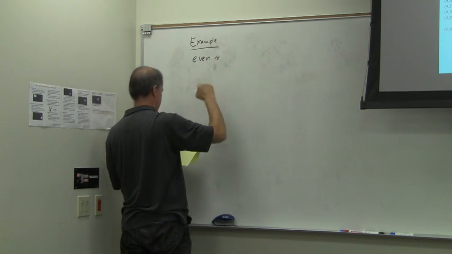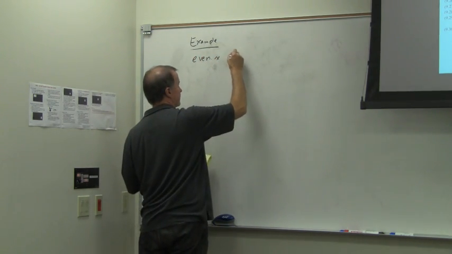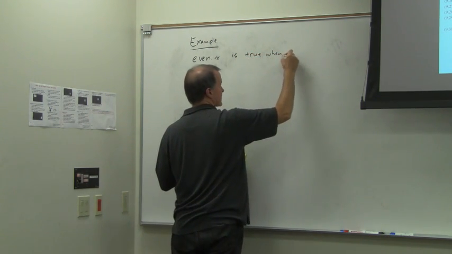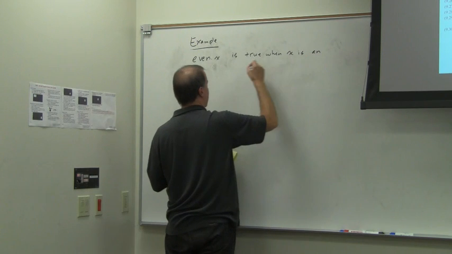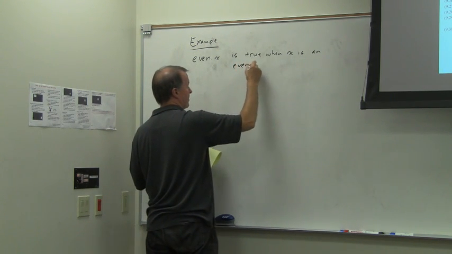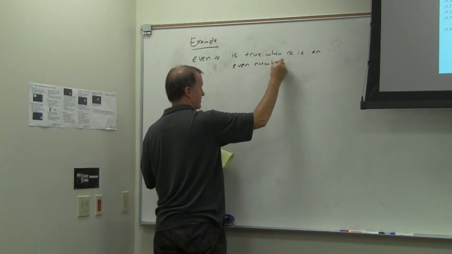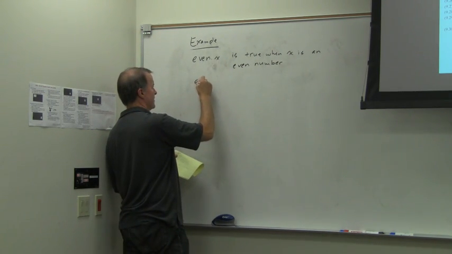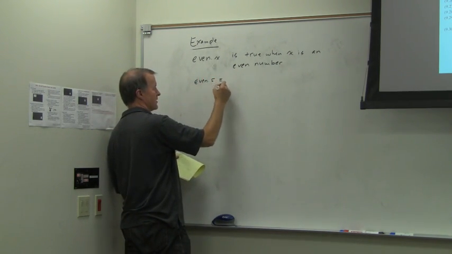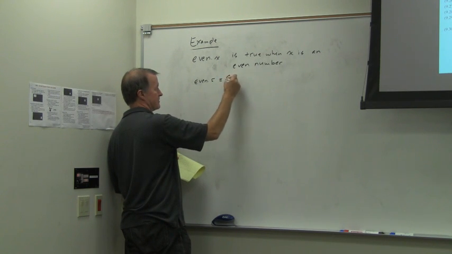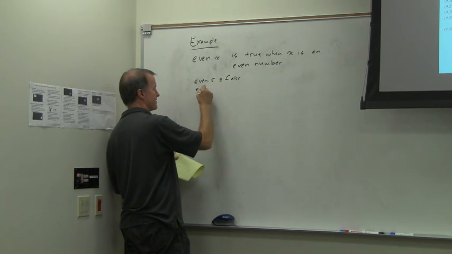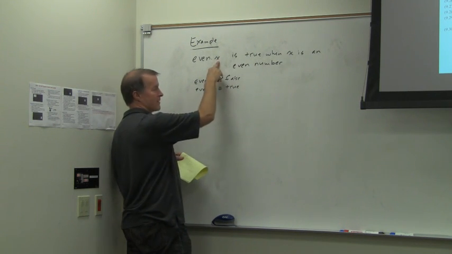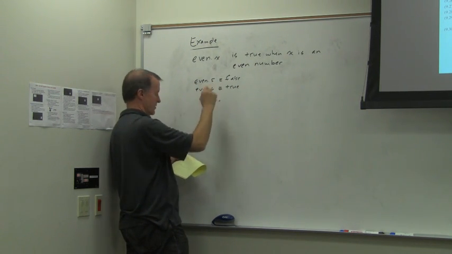Even dot x is true when x is an even number, okay? So what do we have? Even dot 5 equals what? False. Even dot 6 equals true. So that's a predicate. Even though this says type integer, even returns a Boolean.